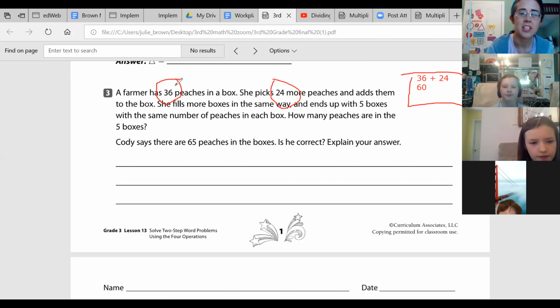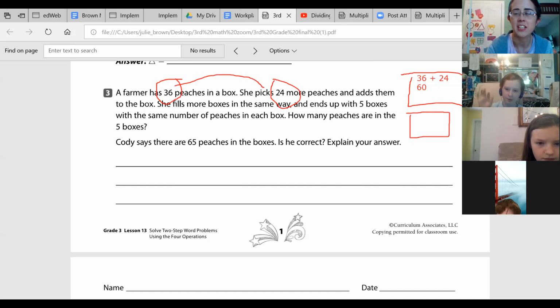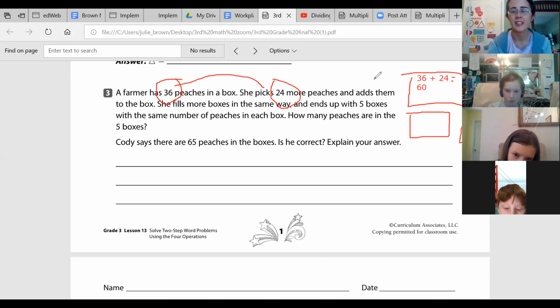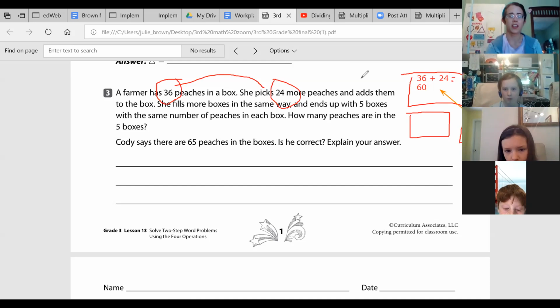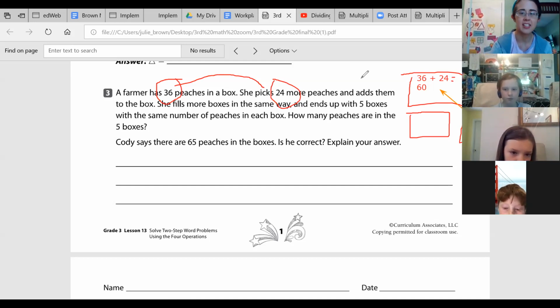So, we have to add 36 and 24 to tell how many peaches are in each box. Sorry that my boxes are different sizes. It's fine. Okay. What was the question again? How many peaches are in each box based on what Dashel did? We had to add 36 and 24.